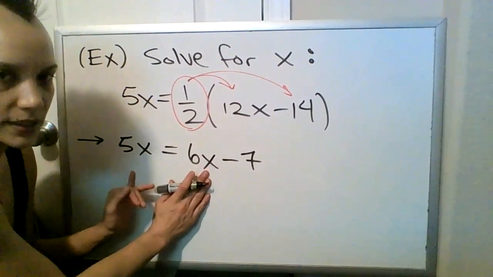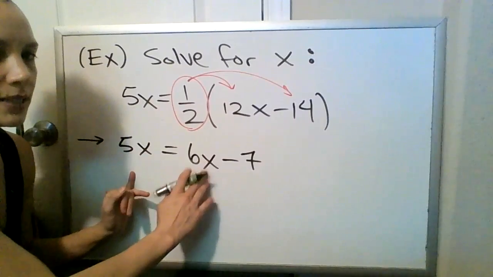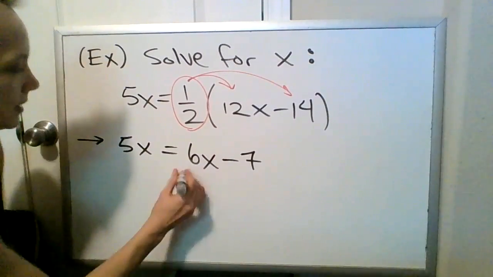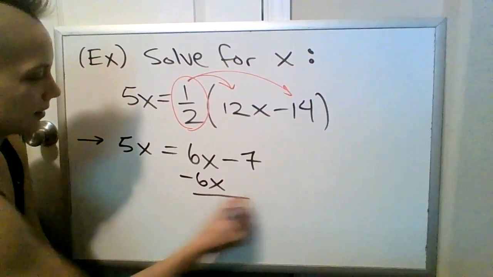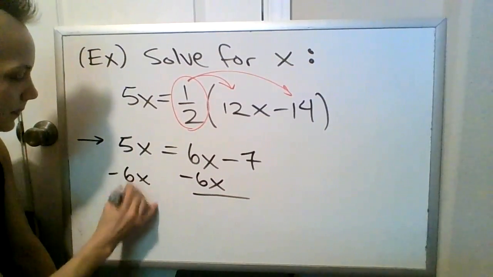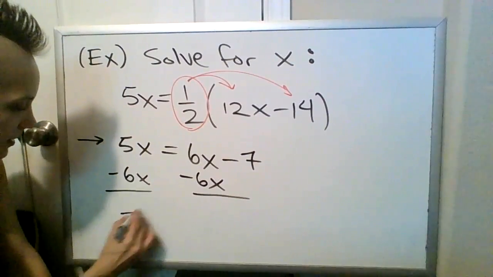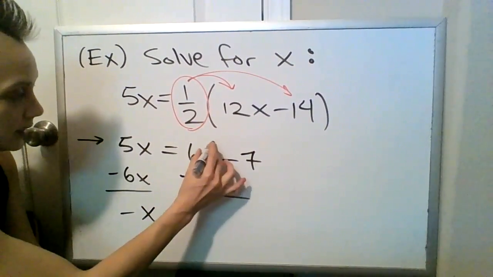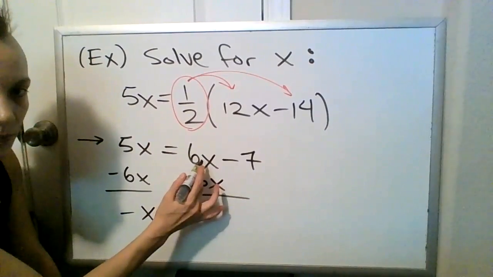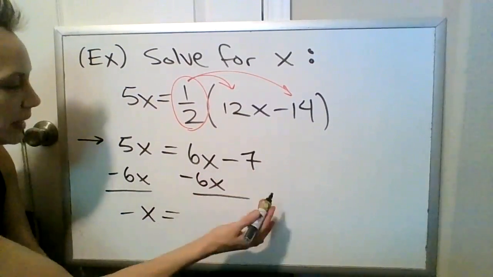So to get the x values together, subtract 6x from both sides of the equation. Negative x equal to 0x minus 7, 0 minus 7.